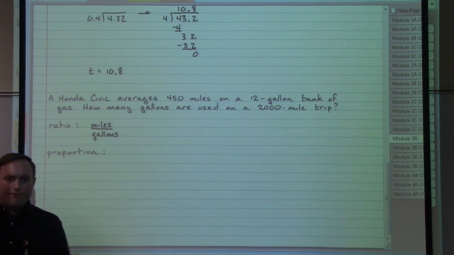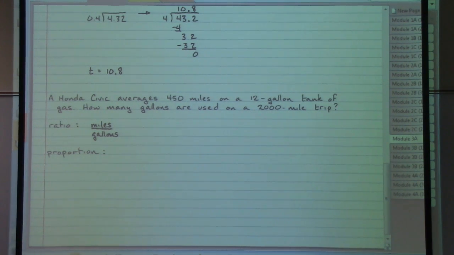So again, going back to that first sentence and picking out the specific numbers, we have 450 miles, so that goes on top. We have 12 gallons, that's going to go on the bottom. Now that takes care of only one ratio. We need a second ratio, so we need something else that's going to have a top and a bottom.